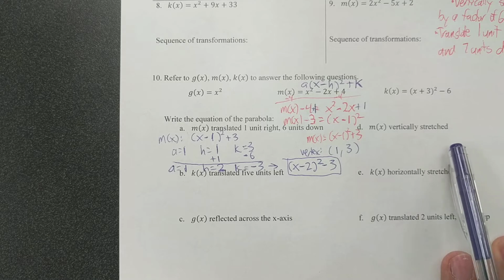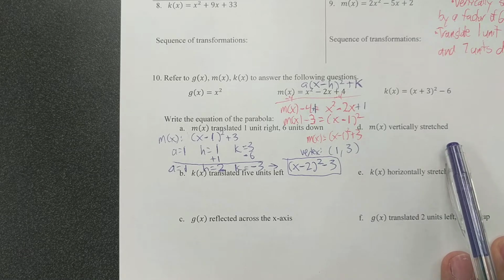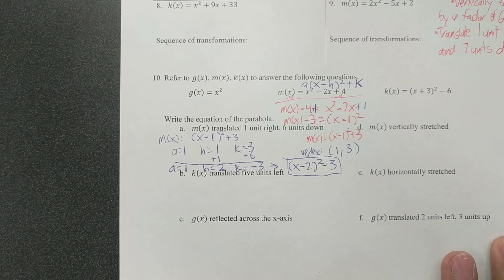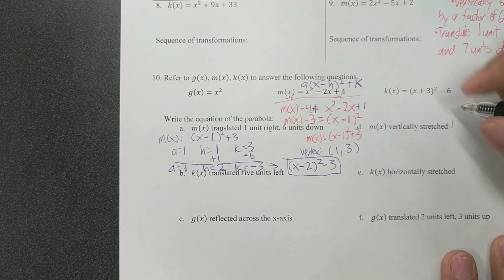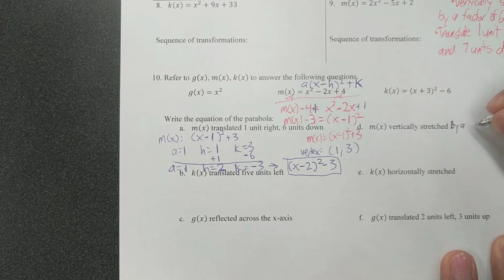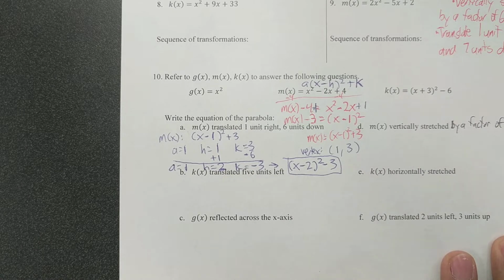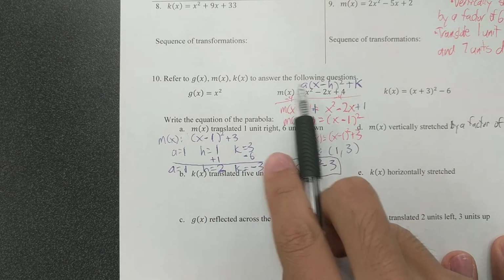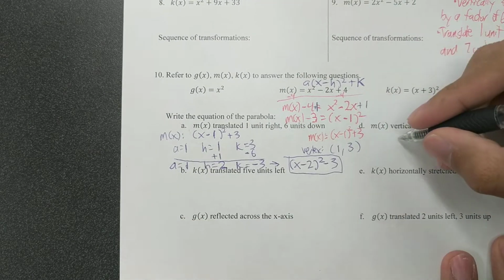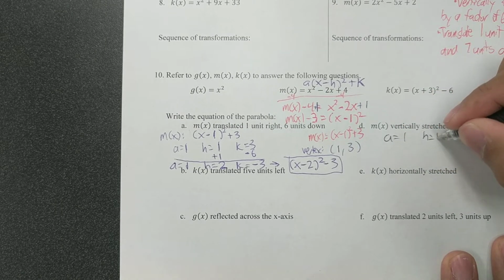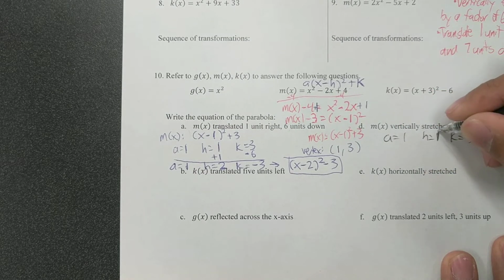Let's see. Looks like we have a typo here. It's missing: m of x is vertically stretched by a factor of 2. Okay, so again, back to the original m of x. The original m of x had a equals 1, h equals 1, k equals 3.